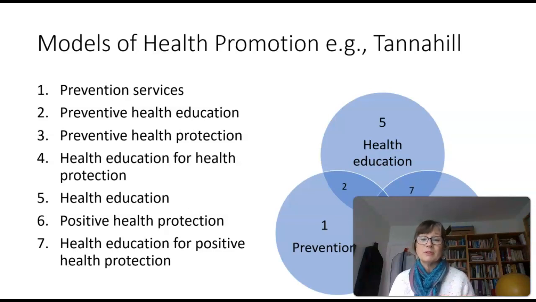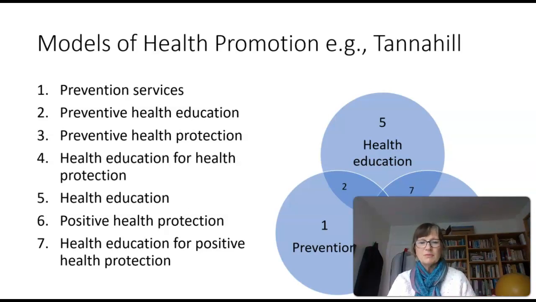So if you look down the numbers on the left-hand side, prevention, that might be immunization, screening. So we're trying to prevent something happening, but particularly things like immunizations are really important. We're trying to stop somebody getting measles, which is a massive issue in our community at the moment. Measles is going up because people haven't been having the immunization.